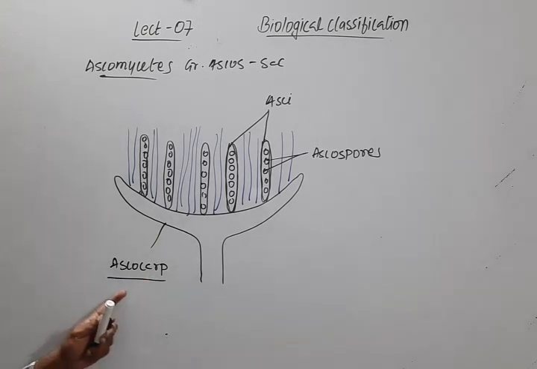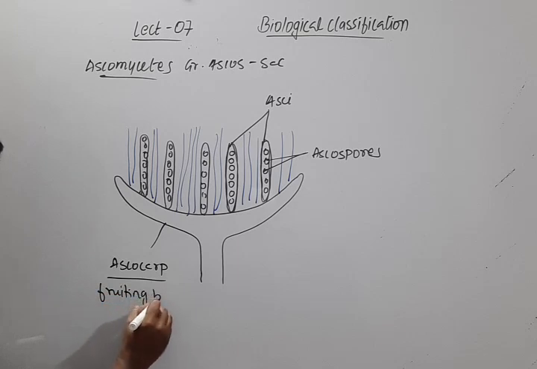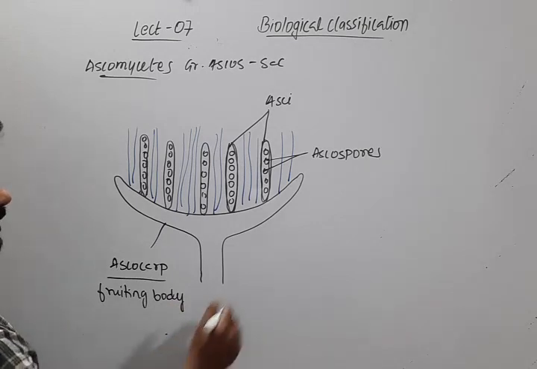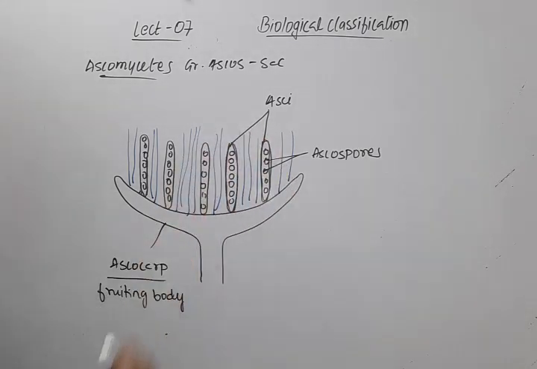The ascocarp is the fruiting body, and in it we find several asci, and inside each ascus we see the development of spores called ascospores.